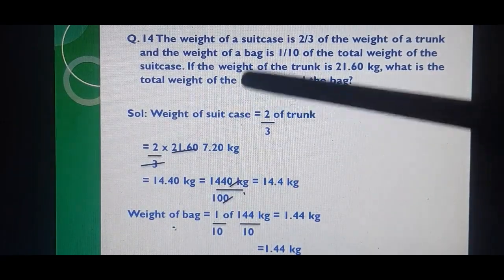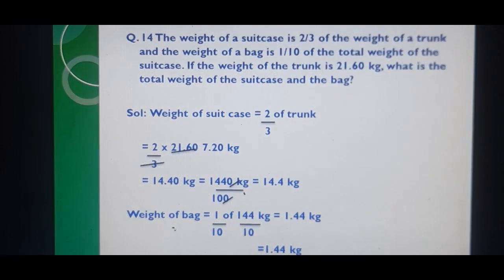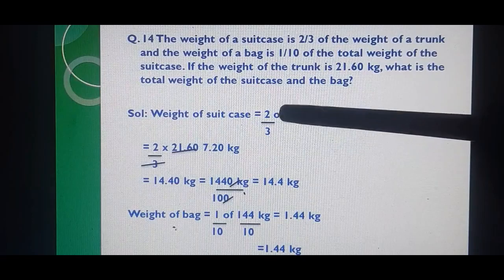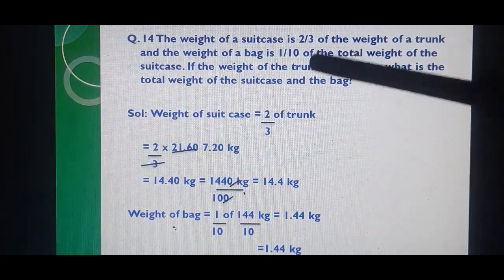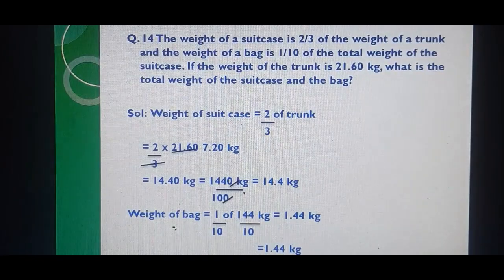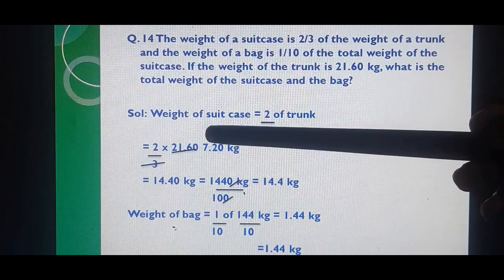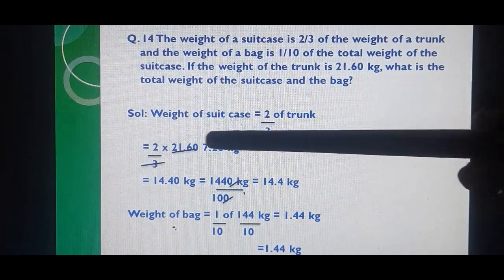So first of all, weight of the suitcase is equal to 2/3 of the weight of the trunk. So that is 2/3 multiplied by weight of the trunk, we know 21.60 kilogram. Understood? So 3 ones are 3, 3 sevens are 21, 3 twos are 6 and 0.